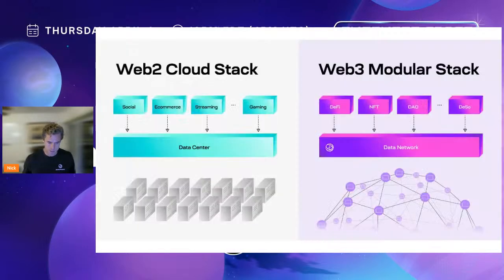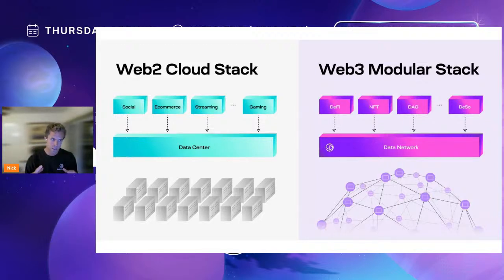The way to understand this is that in Web 2, the cloud stack at the base of it, you have a data center and AWS. What they specialize in is providing really scalable, cost-effective raw compute that developers can come to and pay to borrow or consume.